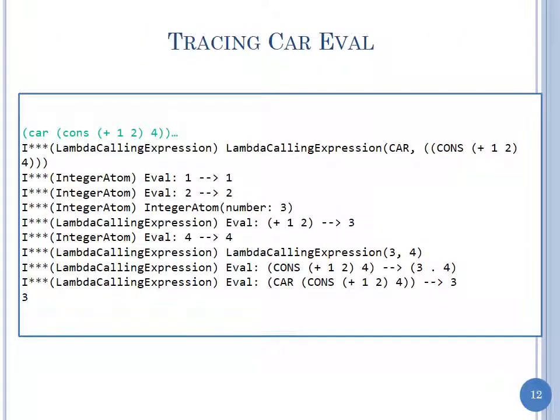And we can trace a car eval. We see that we first create a lambda calling expression with 3, 4. There's an eval call before that. And then we do a car on that structure and get back 3 in this example.